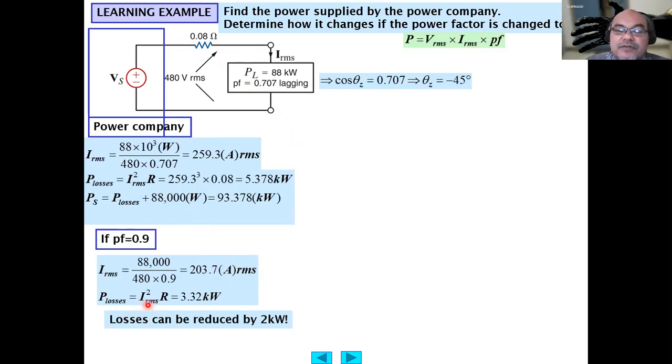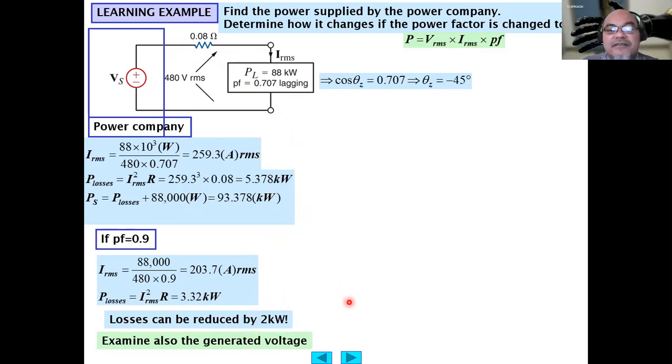P losses will equal Irms squared times R, so equals 3.32 kilowatt. So here the losses are reduced by 2 kilowatt. 2 kilowatt is quite a lot; you can power one house, even more.